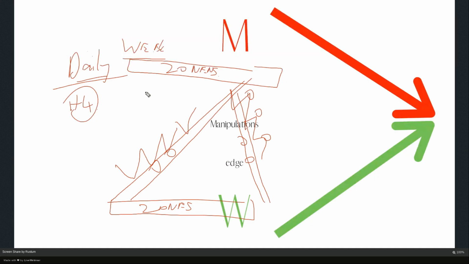Standard risk for me, if I was a 1% trader, I would trade all of these zones as my full risk. But zones appear on the lower time frames as well. You have H4, you could also have a ranging situation on an H4.